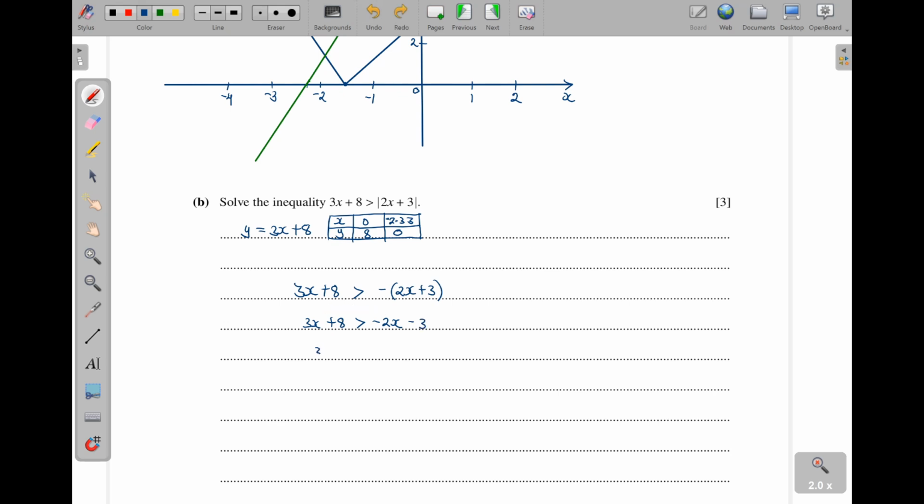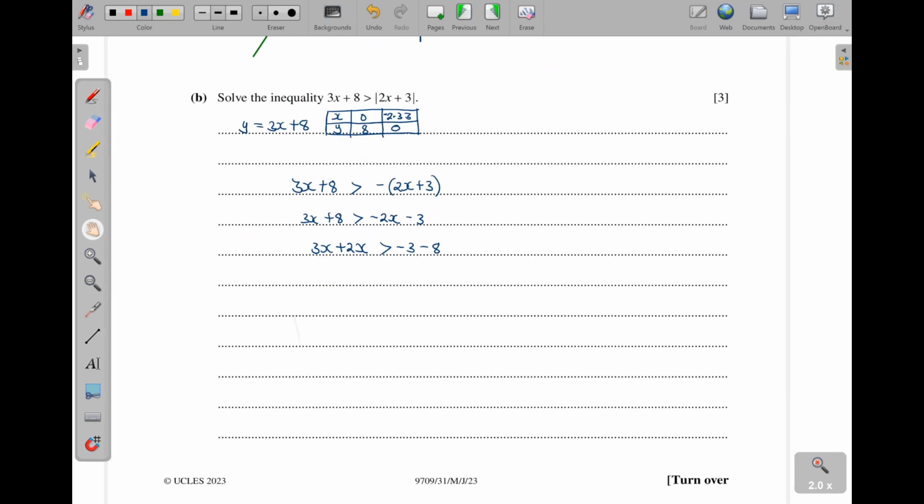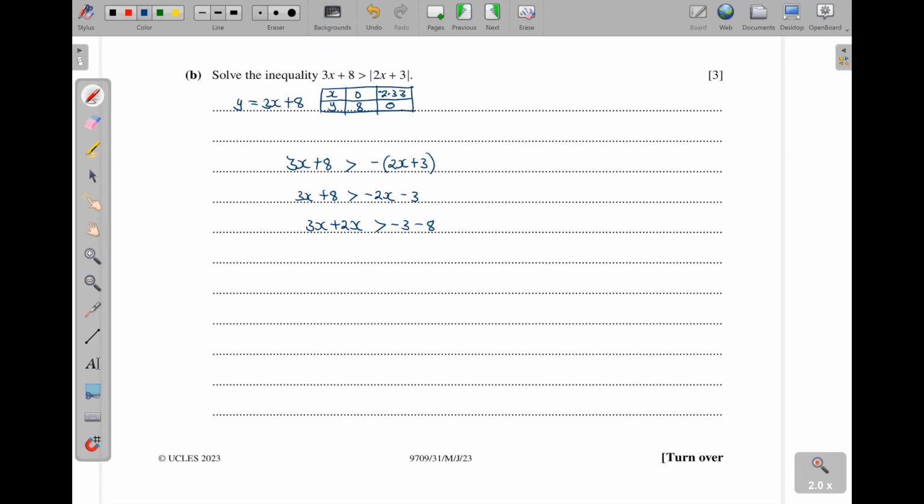We shall have 3x plus 2x greater than negative 3 minus 8. And we shall get 5x here, which is greater than negative 11. Then when we divide through by 5, our x is going to be greater than negative 11 over 5.